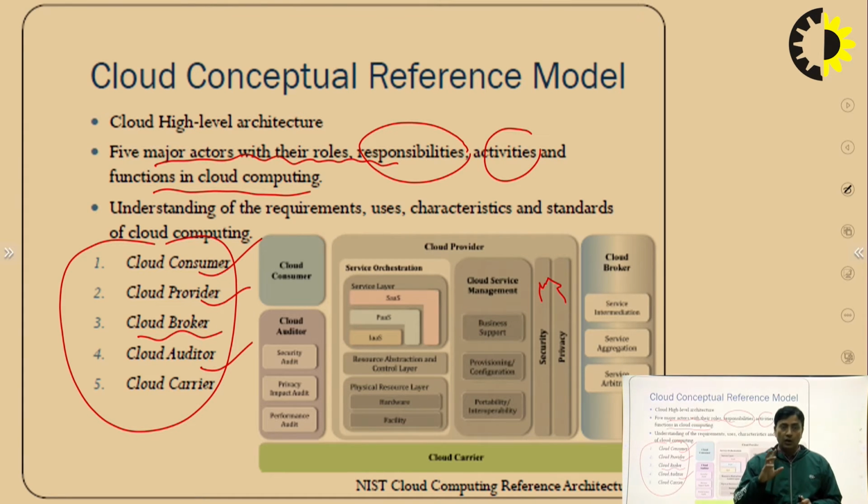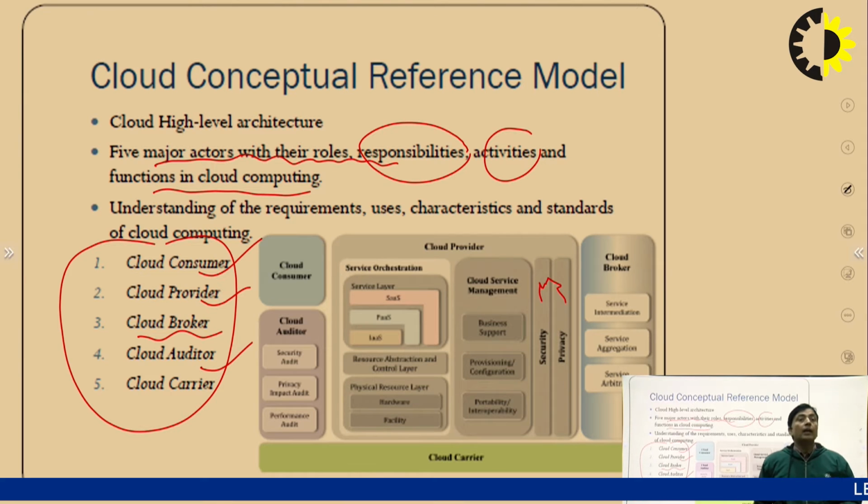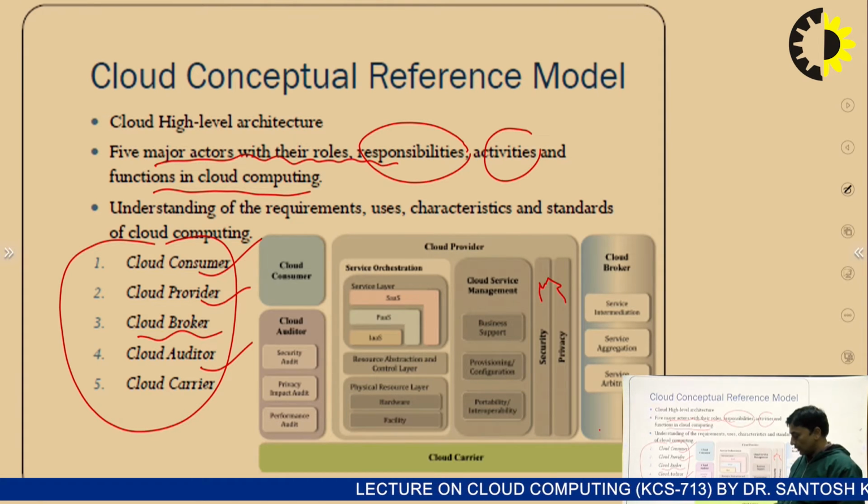So this auditor basically audits the services, as well as those services are audited to give the quality parameters to that particular consumer. And the other one, the last one, is the cloud auditor.